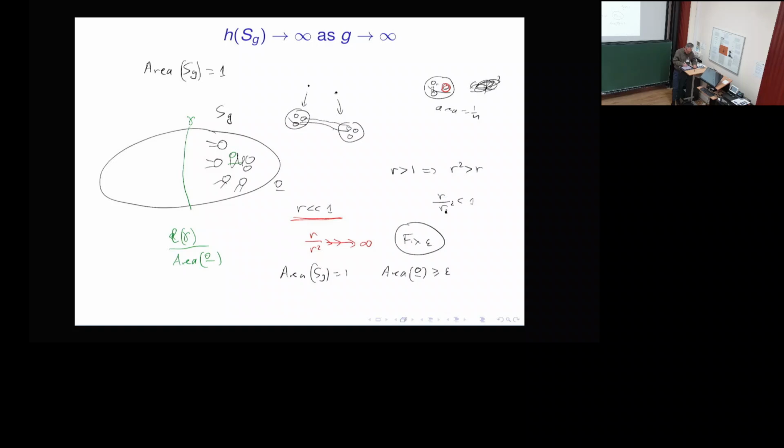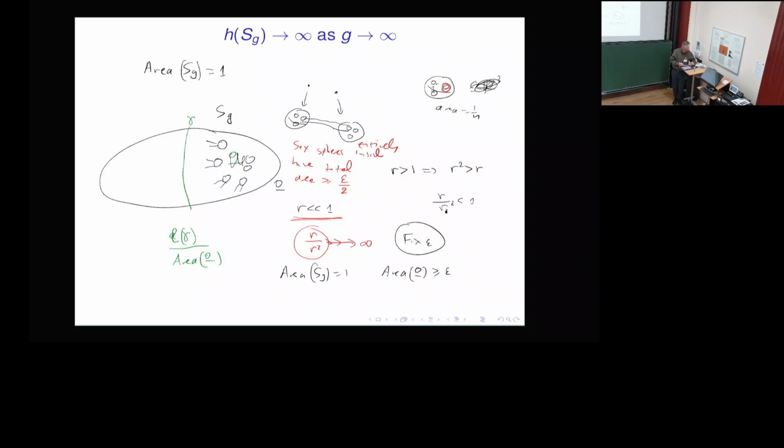By a lot, I mean that the spheres entirely inside have total area greater or equal than epsilon over 2. Then I get a lot of boundary, and the boundary is all big because of the remark that R is much bigger than R squared. So I'm going to get a huge length on gamma.